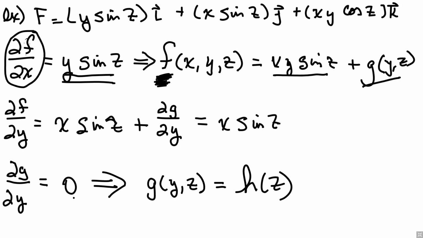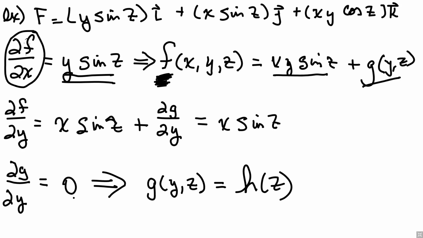I have a question. From the x sine z, that's where I'm confused. I know that tells us something, but where did you get the partial of g with respect to y when it equals 0?